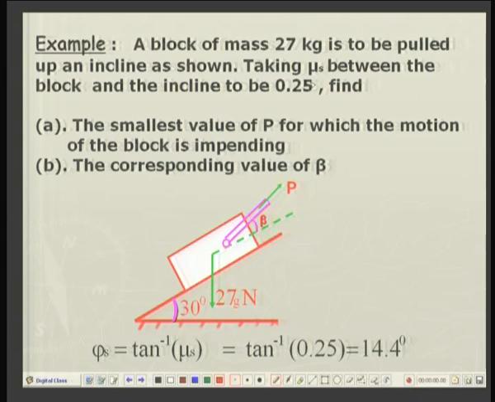First of all, the coefficient of friction mu s is given, and mu s you know is tangent of the angle of static friction, that is phi s, or in other words phi s is tan inverse mu s. So, this angle will be 14.4 degrees.